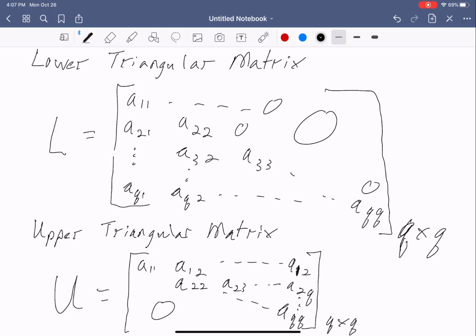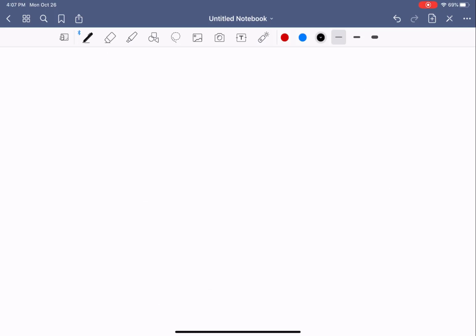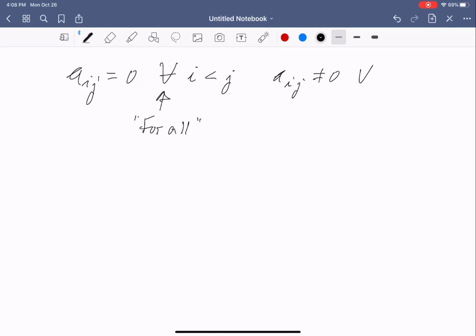Okay, so we define Aij is equal to 0 for all, and that little symbol there means for all. And we can define Aij for all i less than j, and we can define Aij is not equal to 0 for all i greater than or equal to j.